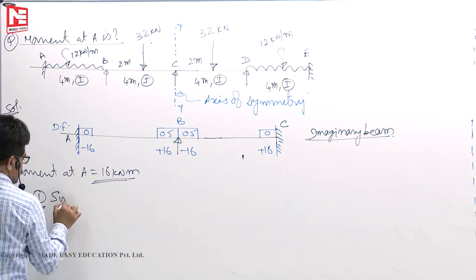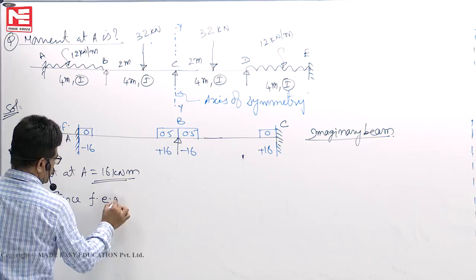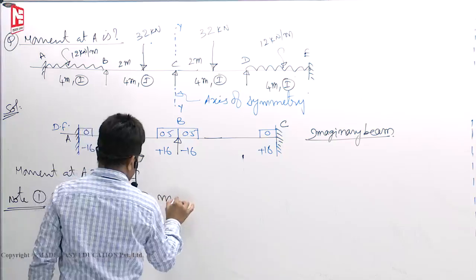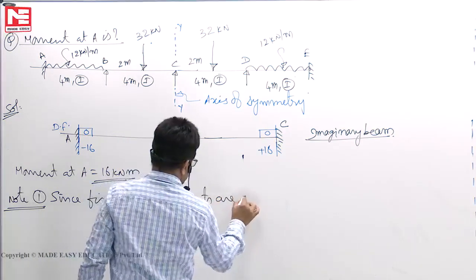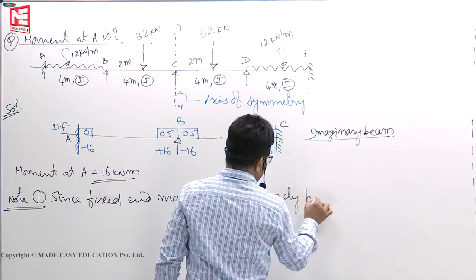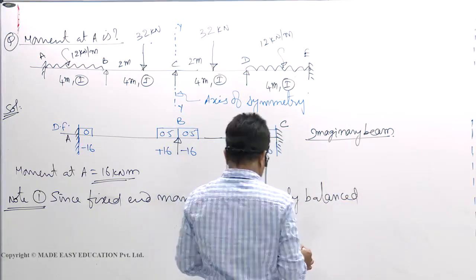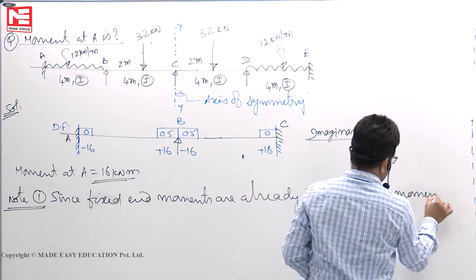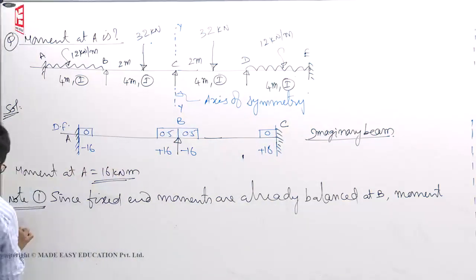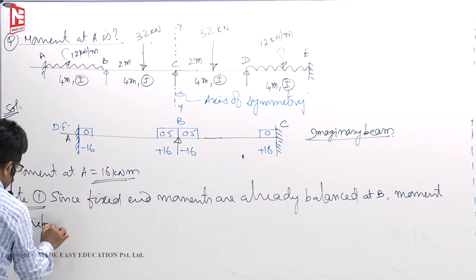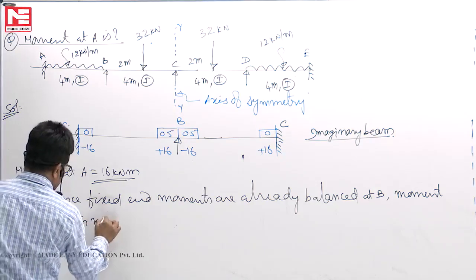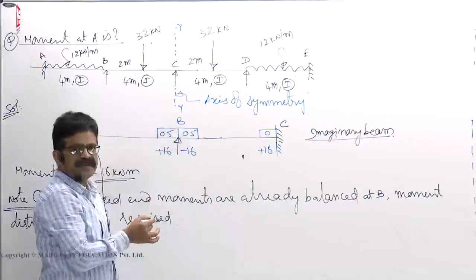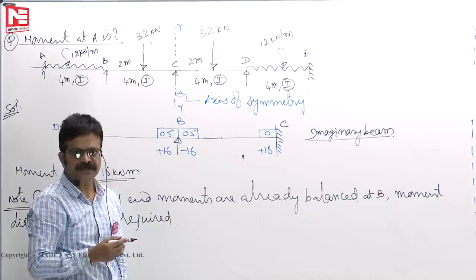This is the first point. Since fixed end moments are already balanced at B, moment distribution is not required, because this minus 16 in the form of carryover moment also will not come.